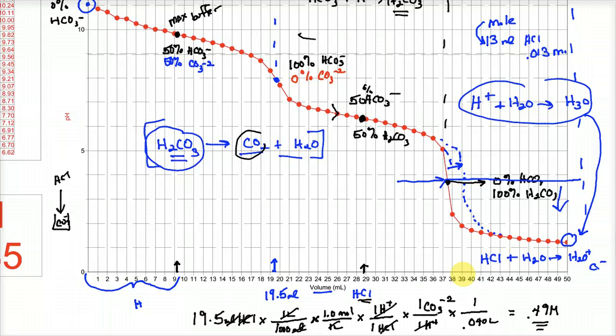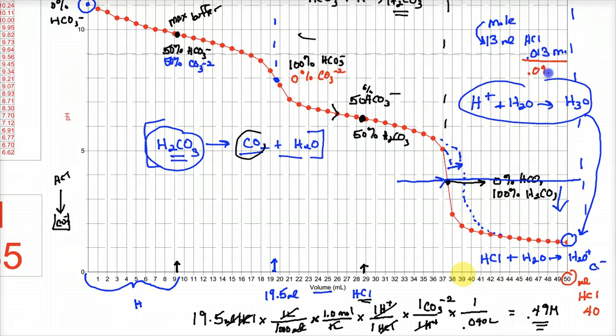What's the total volume here? We added 13 milliliters, but at this point you have 50 milliliters of acid that was added, and you originally had 40 milliliters. So you've got 90 milliliters of total volume in that position.